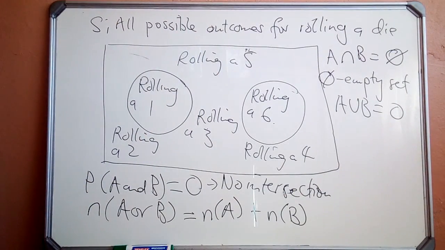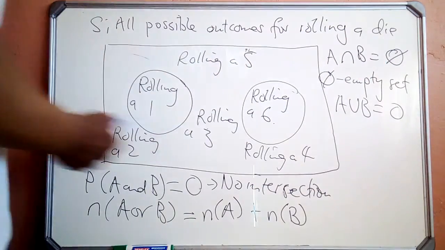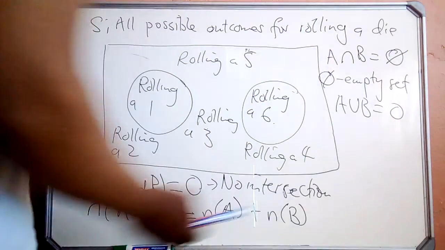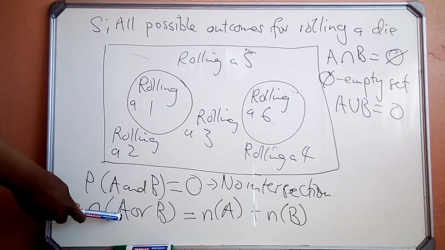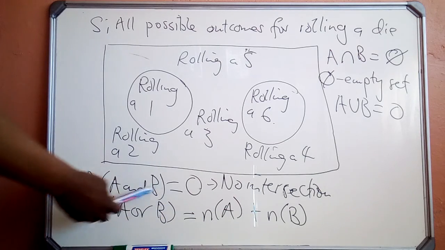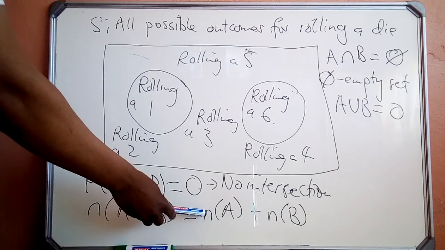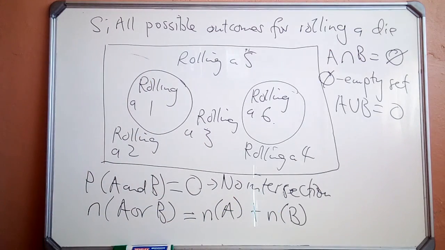So because A and B are mutually exclusive, A intersection B is an empty set. And also the number of elements in A or B, which are mutually exclusive, is going to be equal to the number of elements in A plus the number of elements in B.